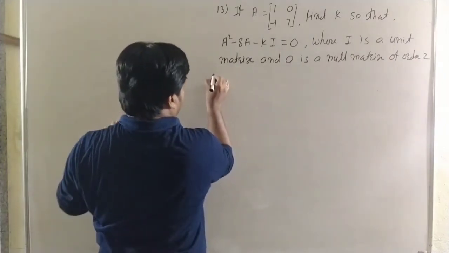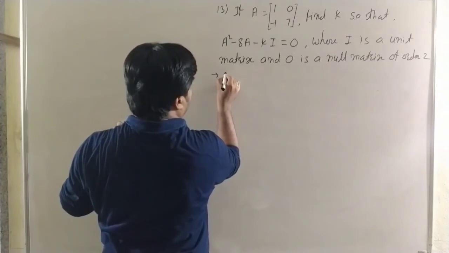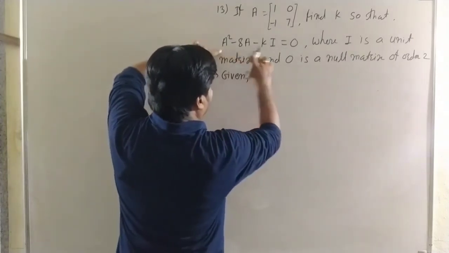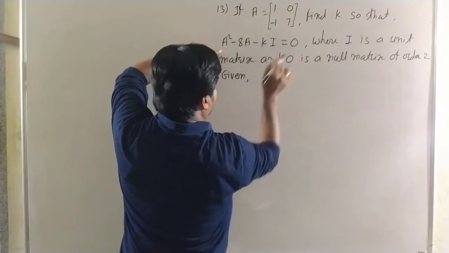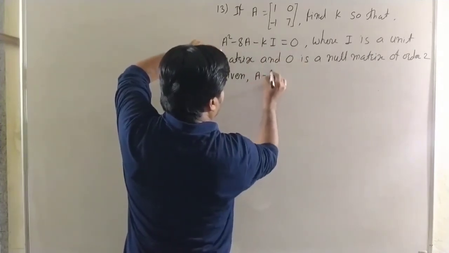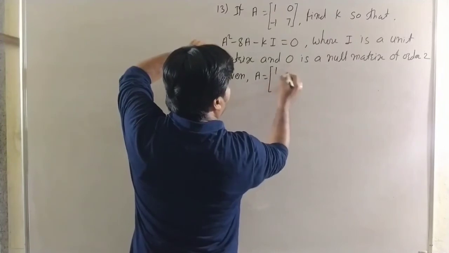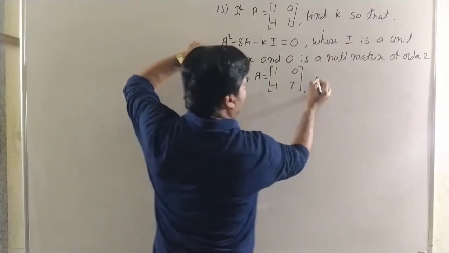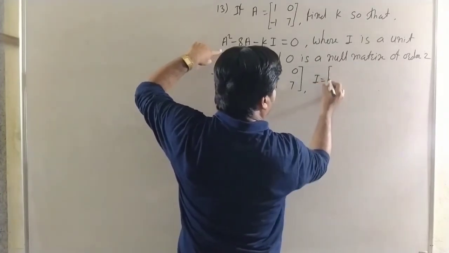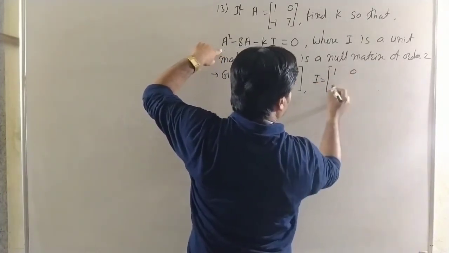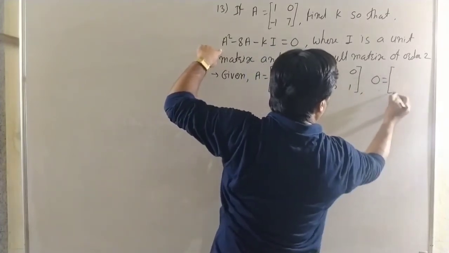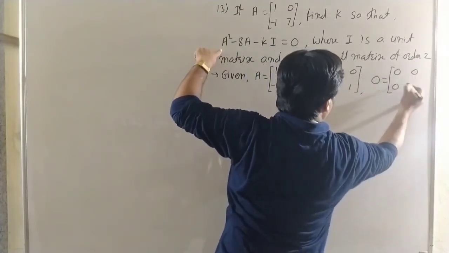Here we can write all the matrices A, I and 0. The A matrix is [1 0; -1 7]. I is the identity matrix of order 2, [1 0; 0 1], and the 0 matrix of order 2 is [0 0; 0 0].